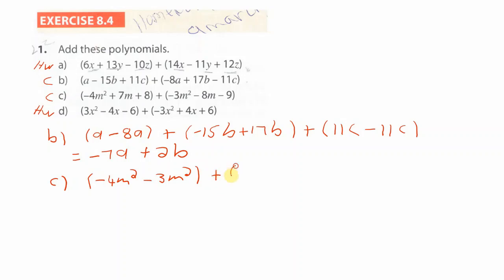Remember, we are adding. So we have 7m. Plus times a minus is a minus, so we have minus 8m. And then finally we look at our numbers. We have plus 8. And now we have a plus times a minus, which is a minus, so we have minus 9.